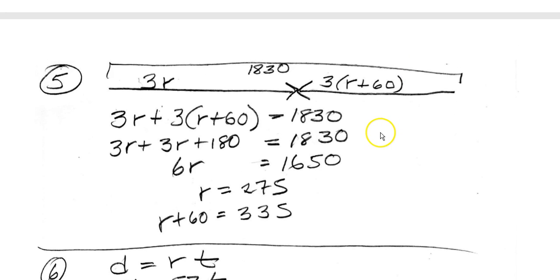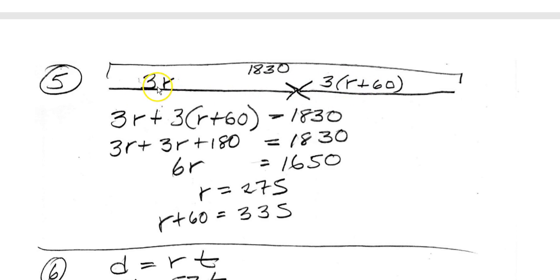Now here are people driving toward each other, a total of 1,830 miles. This was 3 times the rate that we didn't know. This person, 3 hours times the rate plus 60 miles an hour faster. We want to know what the rate is.